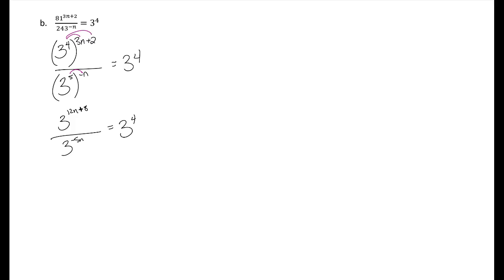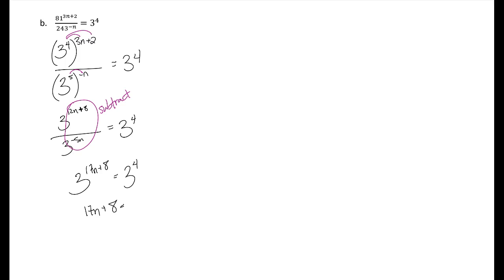And I can even simplify this further. When I'm dividing with a common base, I can subtract my exponents. So I'm going to be left with 3, and subtracting a negative is like adding a positive, so it's going to be 17n plus 8 equals 3 to the power of 4.